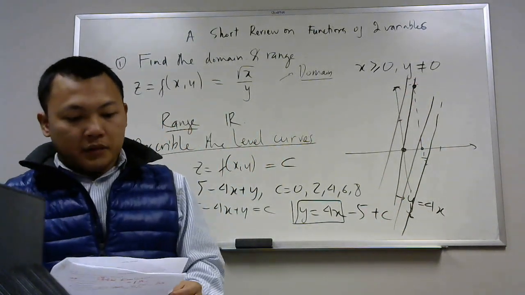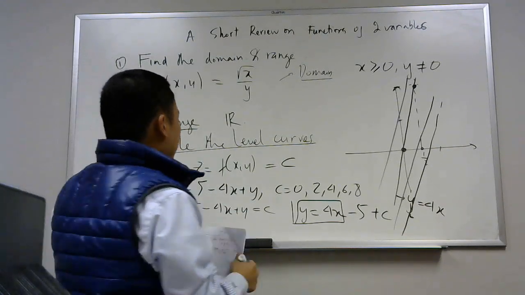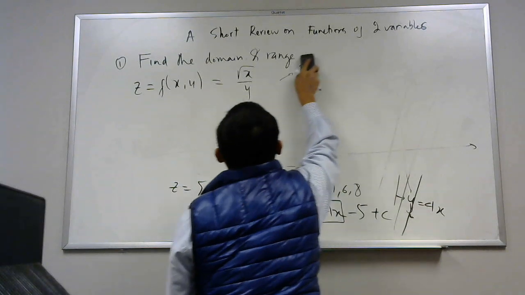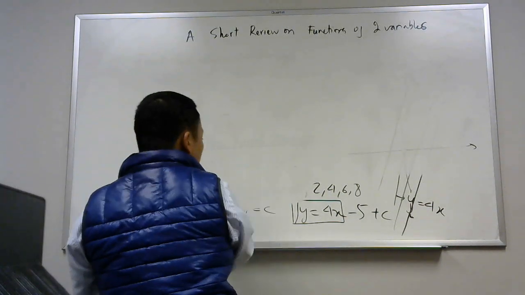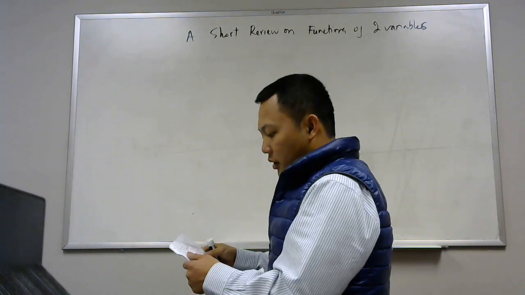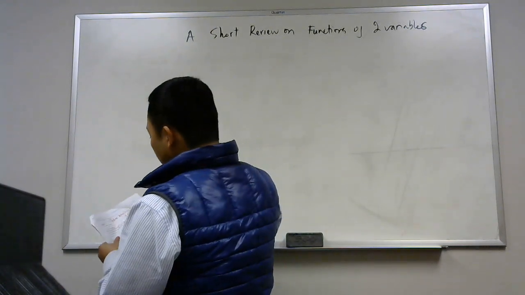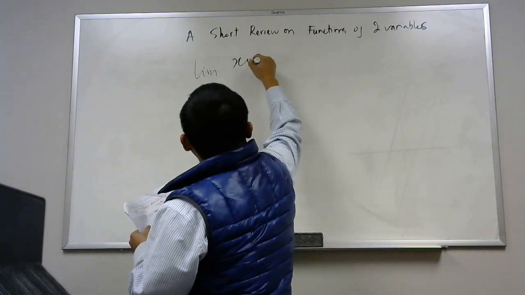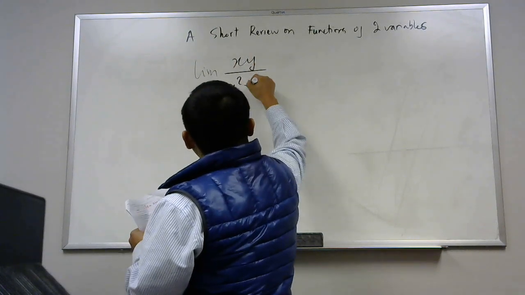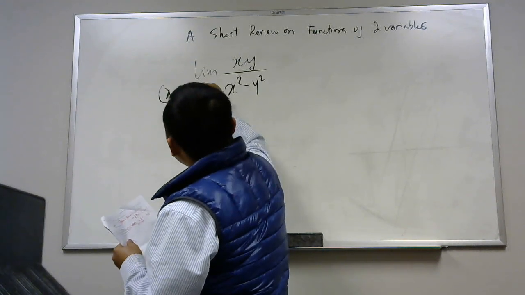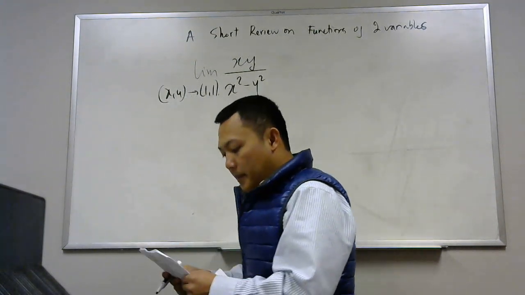All right. So the third question. The third question, find the limit of xy over x squared minus y squared as (x,y) approaches (1,1).